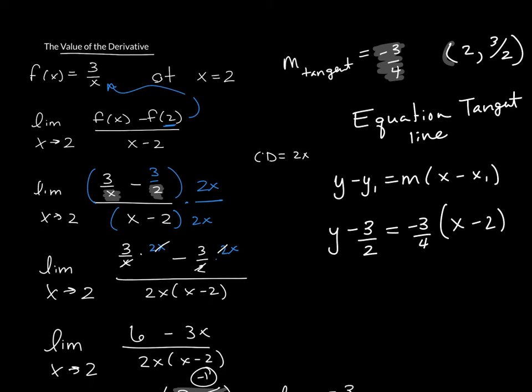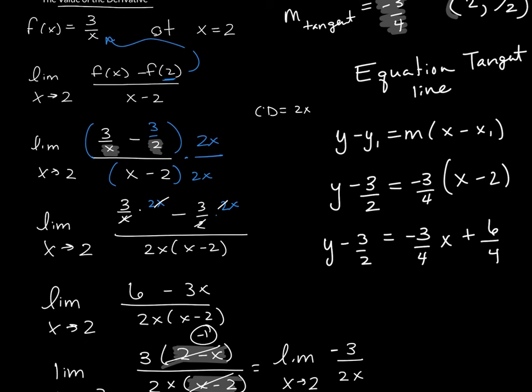Distribute the negative 3/4, and you are left with y minus 3/2 is equal to negative 3/4 x plus 6/4. 6/4 can be reduced to 3/2.